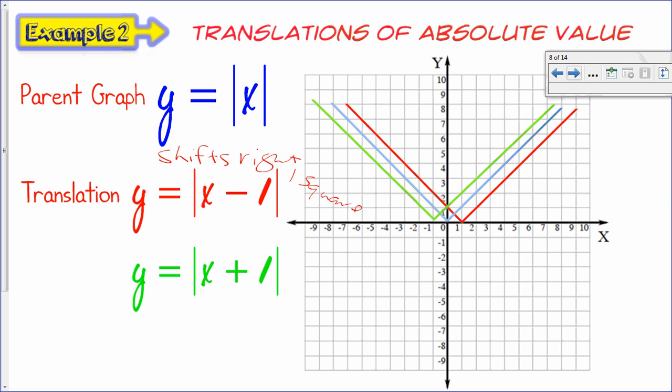Okay, notice it's negative 1. So it shifts it in the opposite direction, which is right, or positive 1 square. You guys with me on that? Don't let that confuse you. If it's a plus 1 after the x inside, then it shifts left 1 square.